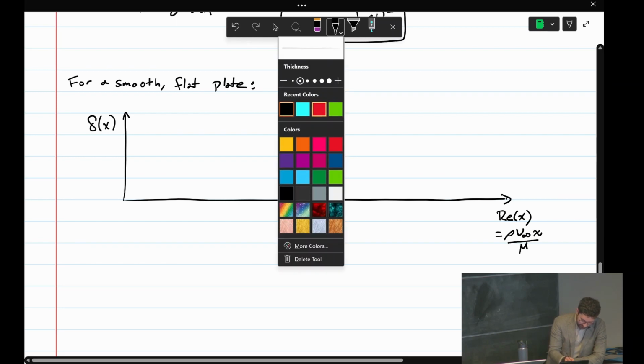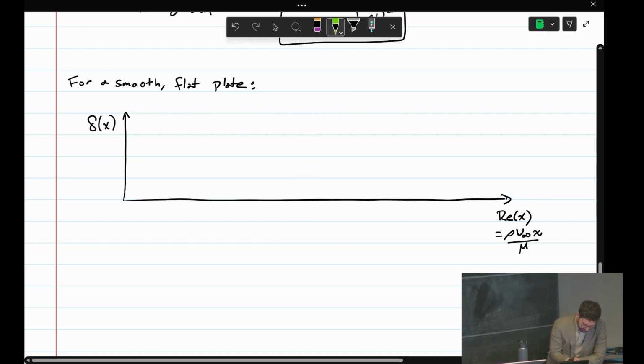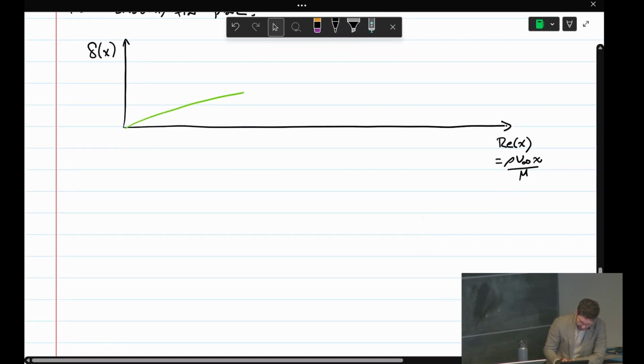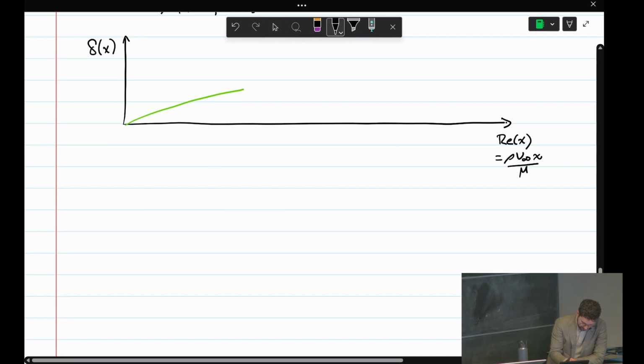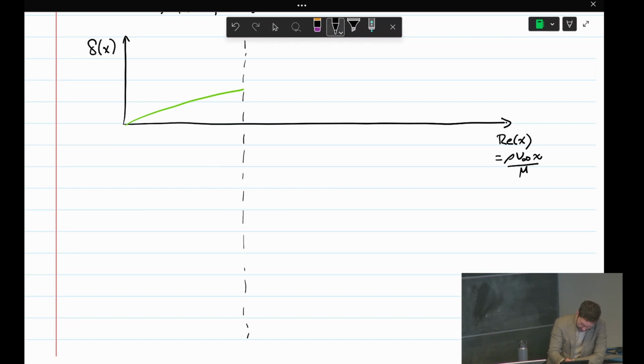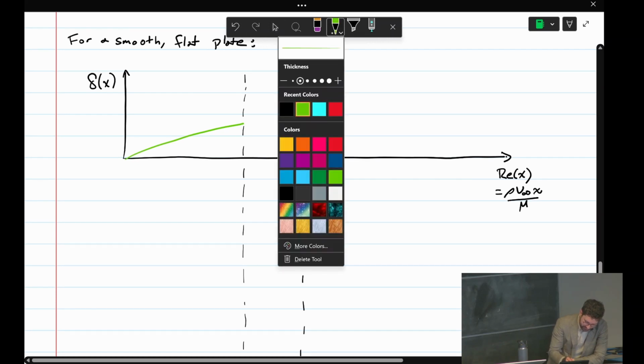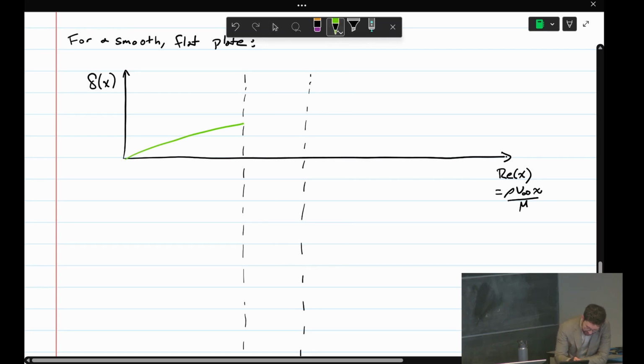Here's what we get. So there's a certain profile here. So that is a laminar boundary layer.